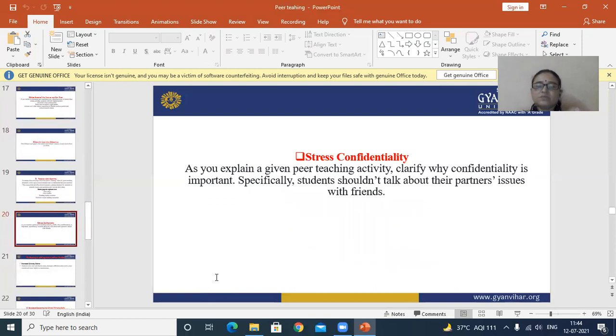Stress confidence. As you explain a given peer teaching activity, clarify with confidence, which is important, especially so students should not talk about their partner's issues with friends.